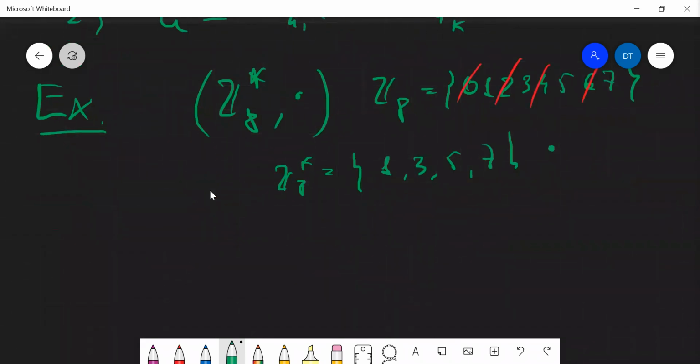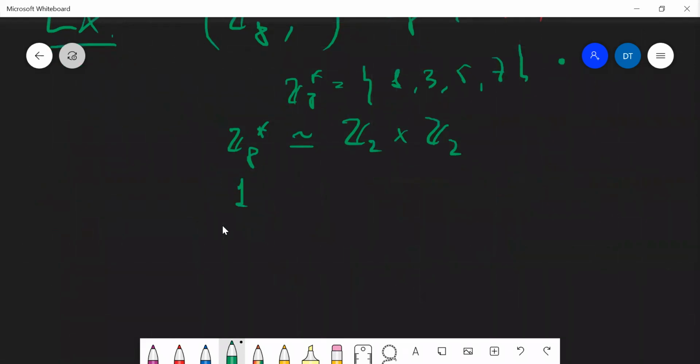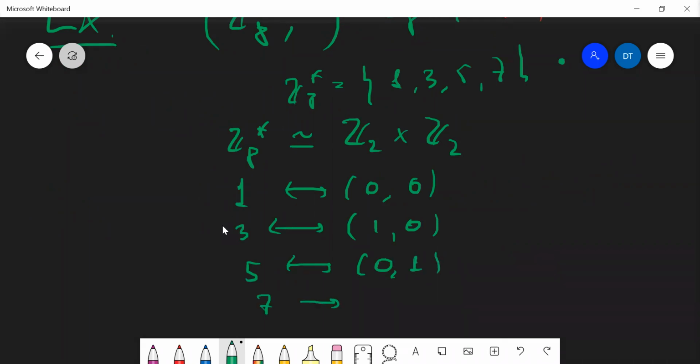It turns out that Z8 star is isomorphic to Z2 times Z2, and the isomorphism works as follows. The element 1 corresponds to (0,0). The element 3 corresponds to (1,0). The element 5 corresponds to (0,1), and the element 7 corresponds to (1,1).